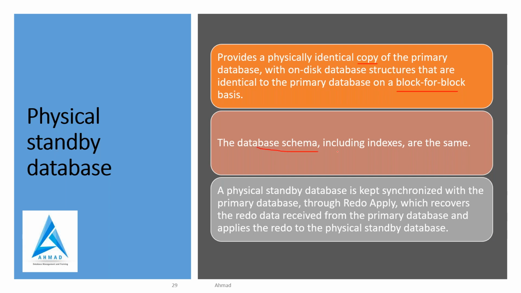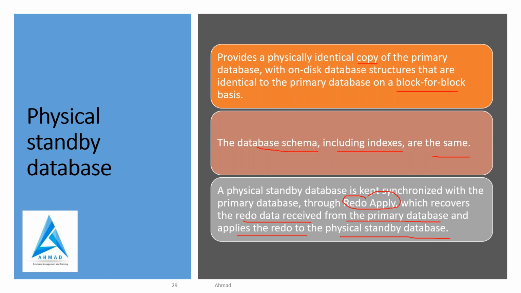So the database schema and indexes are the same. A physical standby is synchronized with the primary database through redo apply, which recovers the redo data received from the primary database and then applies the redo data to the physical standby.